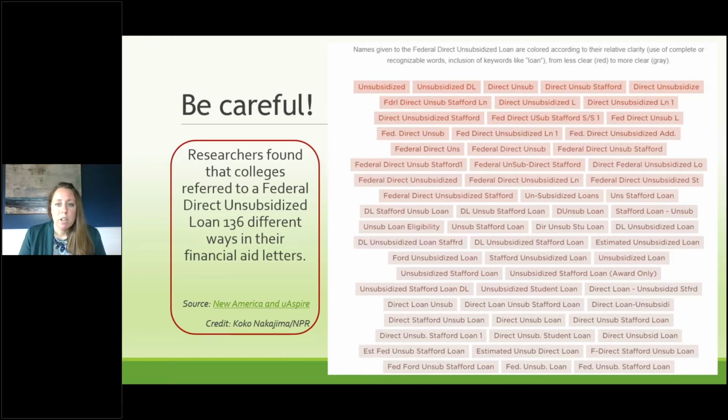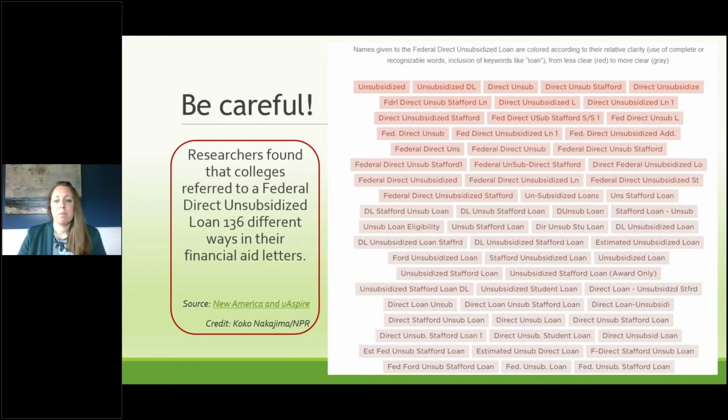But it's a loan. And you can see here on the chart that there are a lot of different ways that institutions list that unsubsidized loan. Some just list it as unsubsidized. You can see down a little bit further, they're also listing it as federal direct unsubsidized Stafford, not necessarily putting that word loan in there.